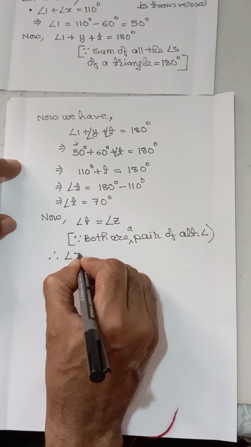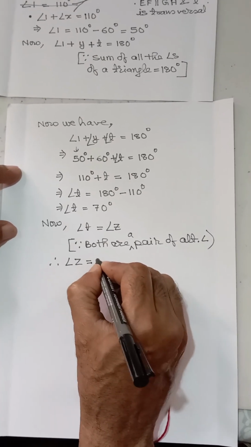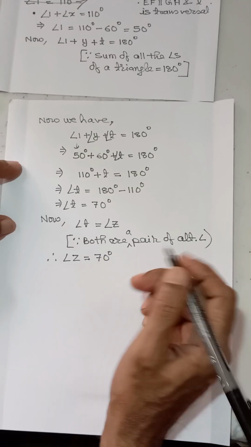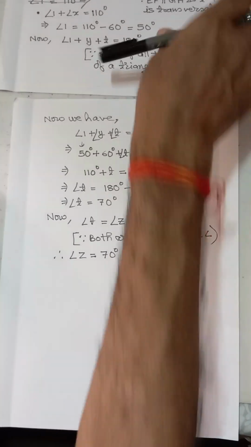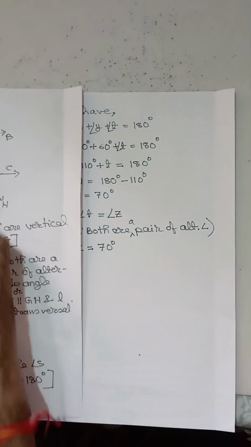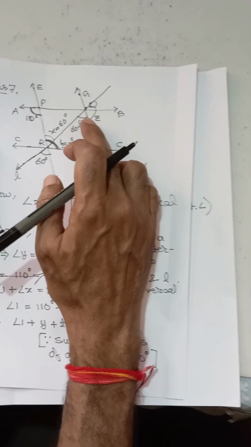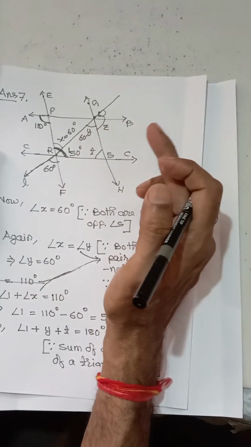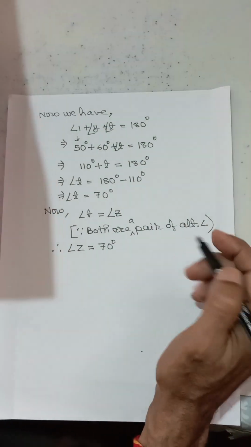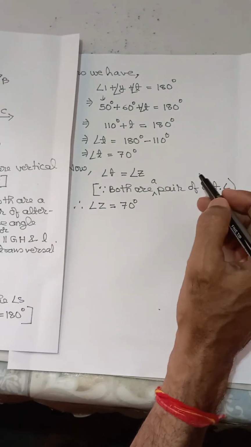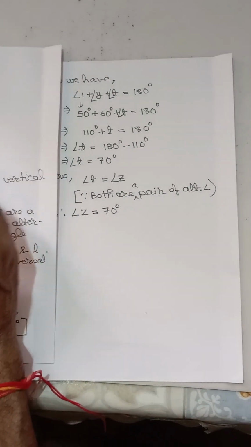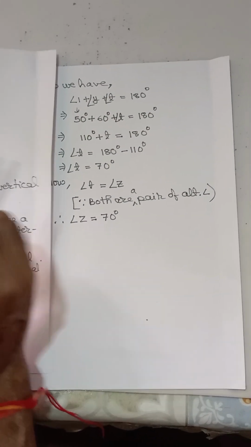Therefore angle z is equal to 70 degree. Hence we have got the value of x is equal to 60 degree, y is also 60 degree, t is 70 degree, and z is also 70 degree. This was question number 7.